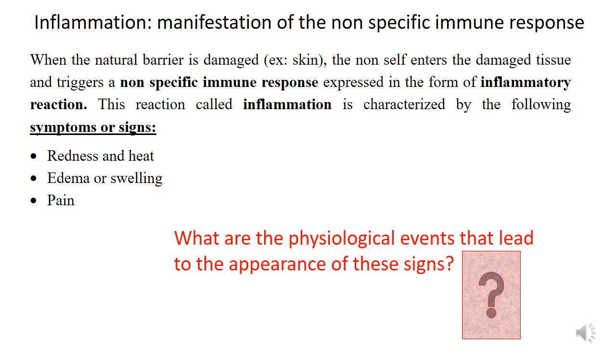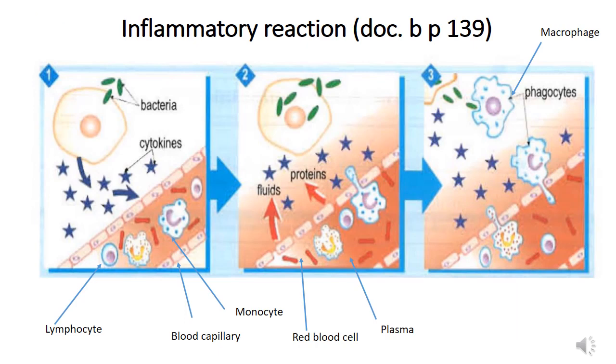What are the physiological events that lead to the appearance of these signs: redness, heat, edema, and pain? The figure below summarizes the physiological events of inflammation. Please look at figure 1.